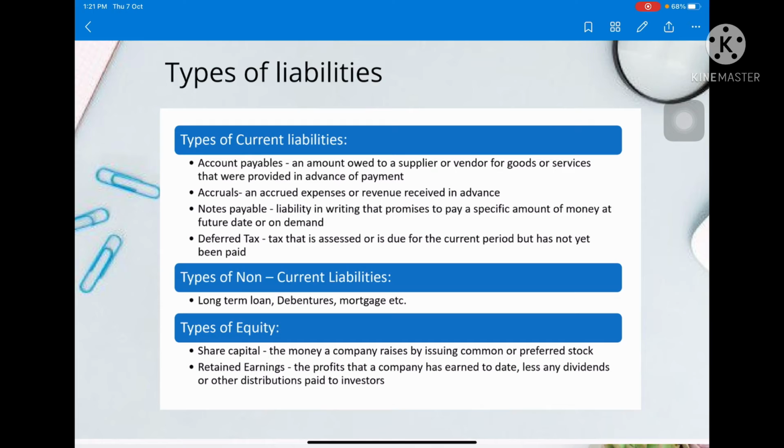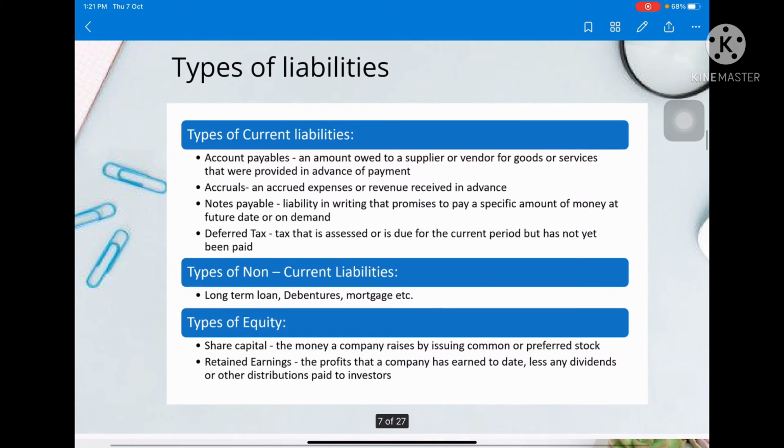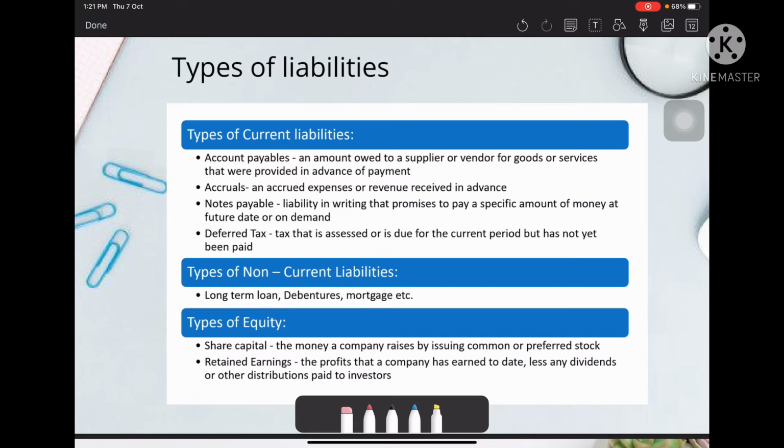Alright, now let's continue with the types of liabilities. As mentioned before, we have two types of liabilities, which are current liabilities and non-current liabilities. The current liabilities are the liabilities that are due in less than a year, ataupun 1 year.